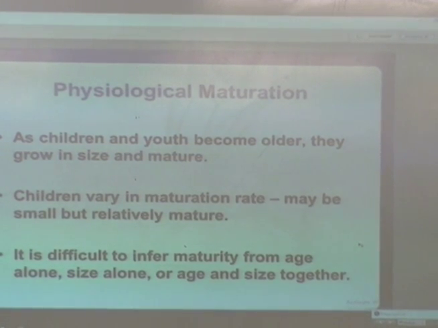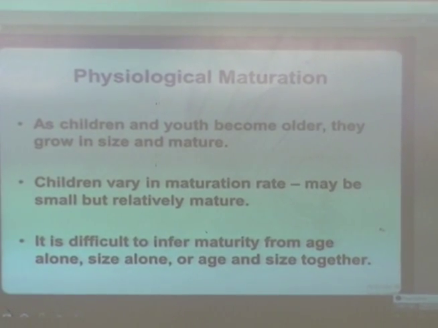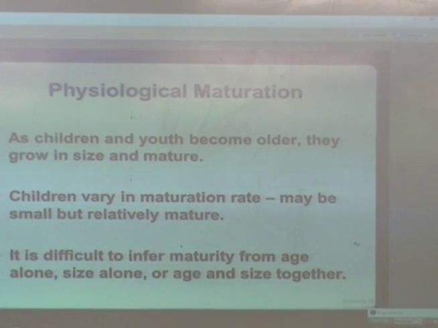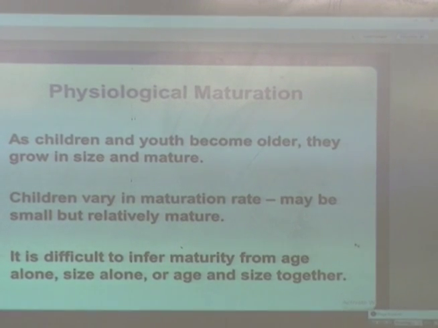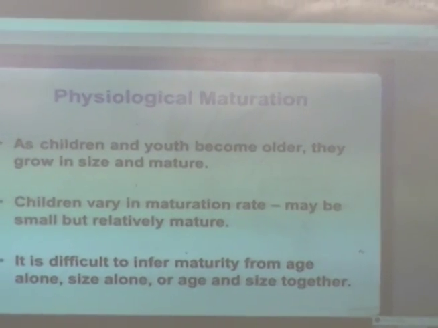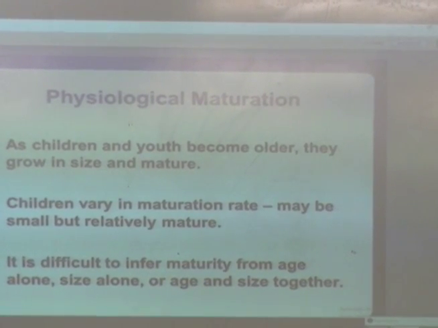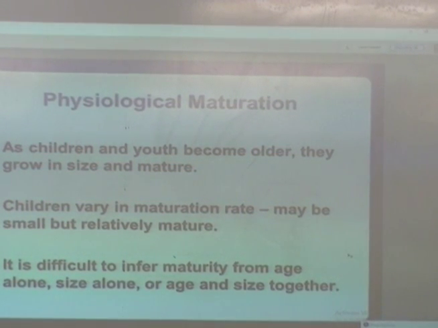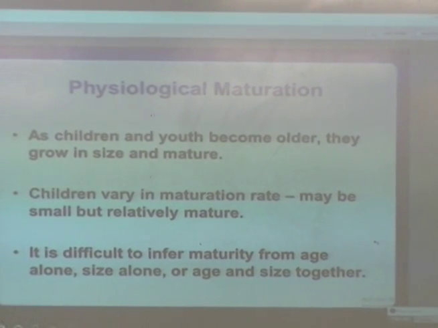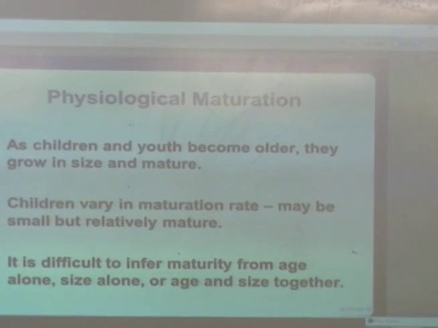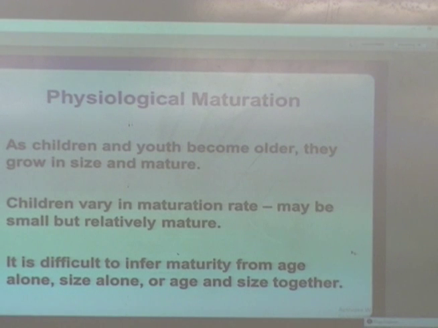So if I have a young girl who doesn't start menstruating until she's 15 or 16, then she is physiologically a late maturer for that system, for her reproductive system. You might have a young lady who starts menstruating at 10 and a half or 11. She's physiologically an early maturer for that system. Okay?